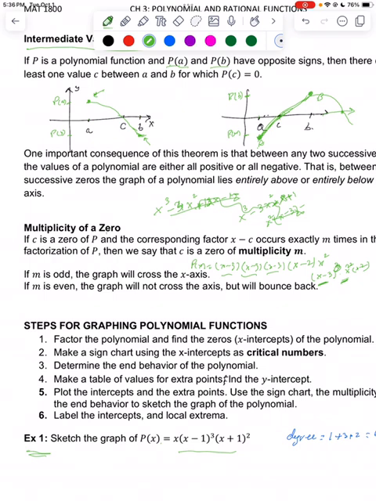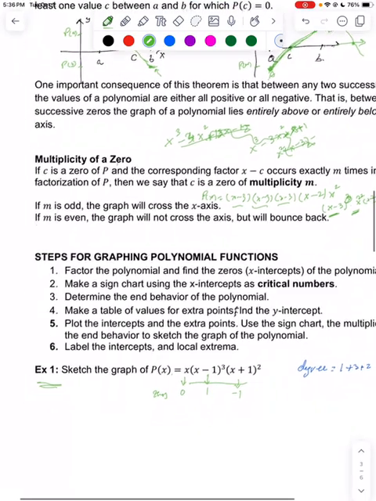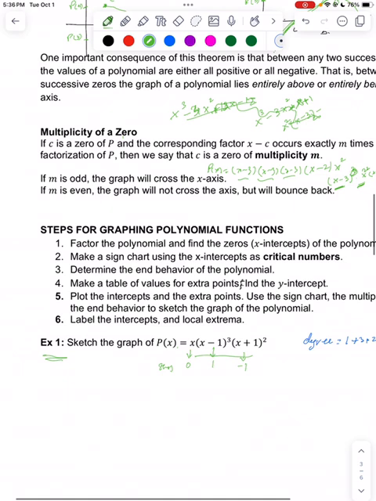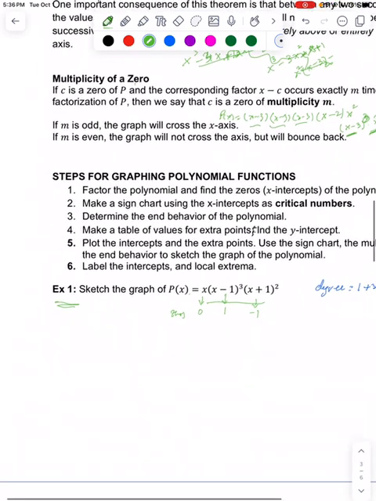So now, okay, I didn't need this line here. Okay, so the zeros, what are the zeros there? 0, 1, negative 1.